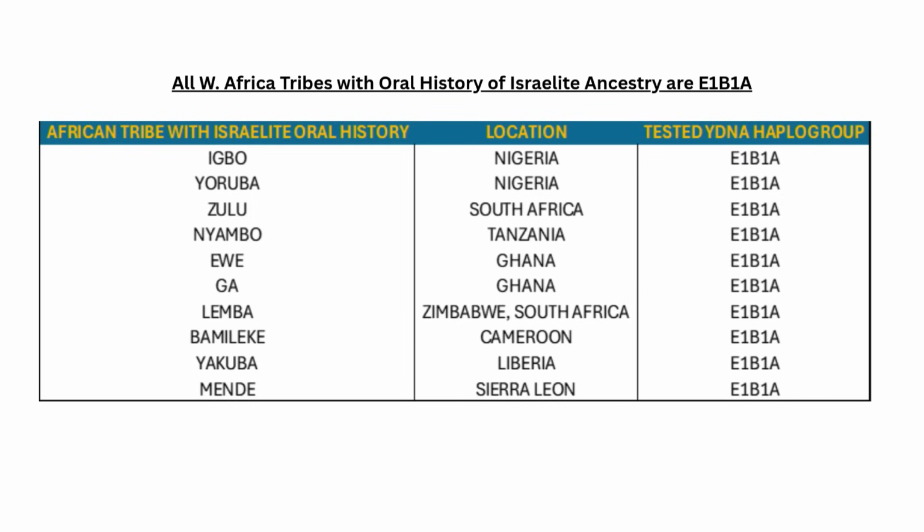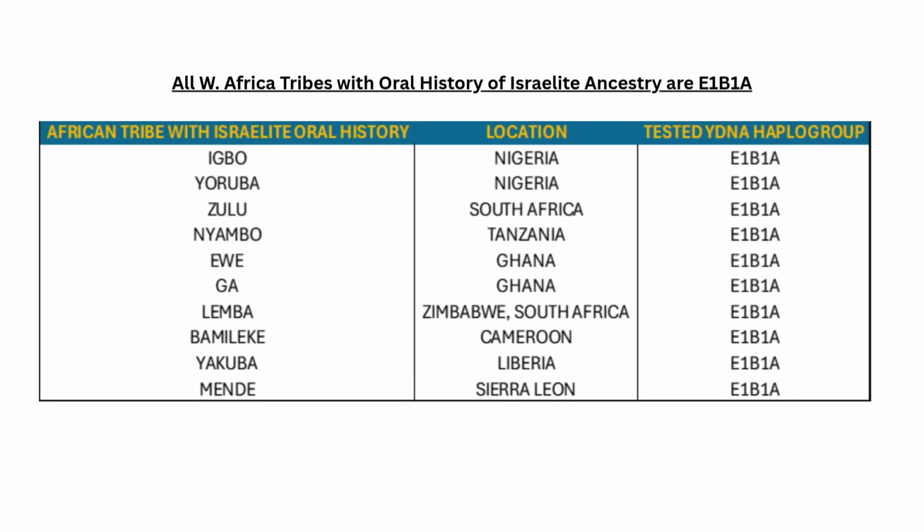And I'm showing here that every single African tribe of which at least some portion has retained oral history of Israelite ancestry is Y haplogroup E1B1A.